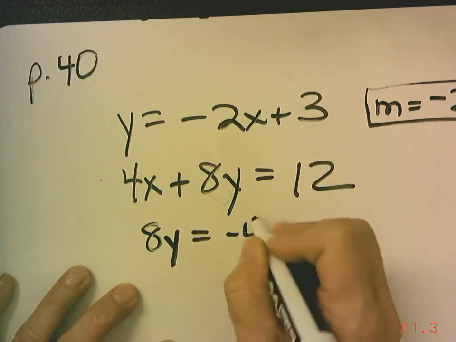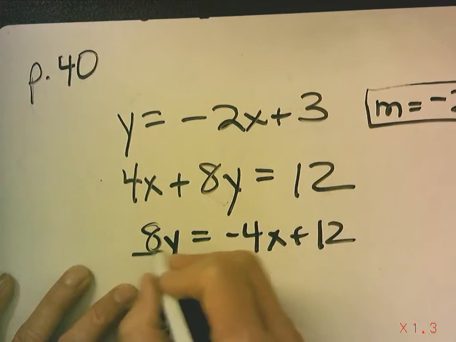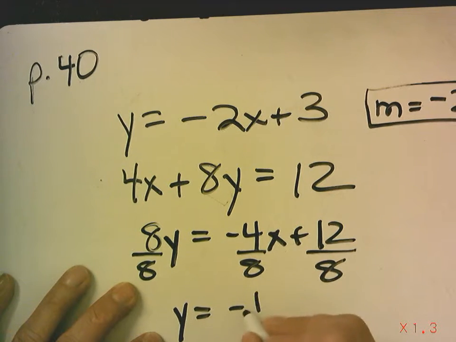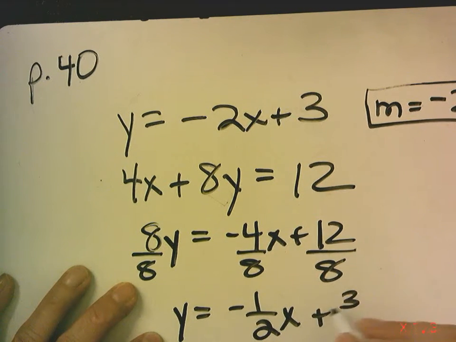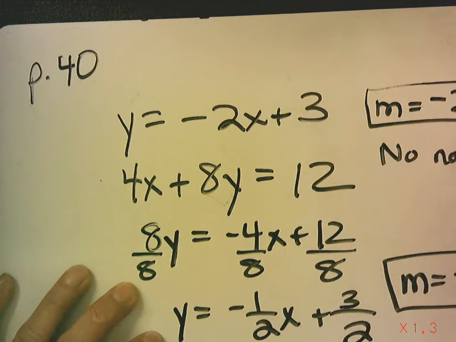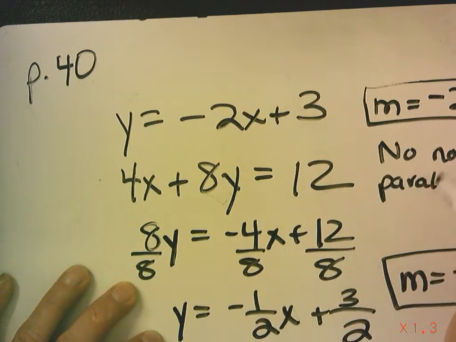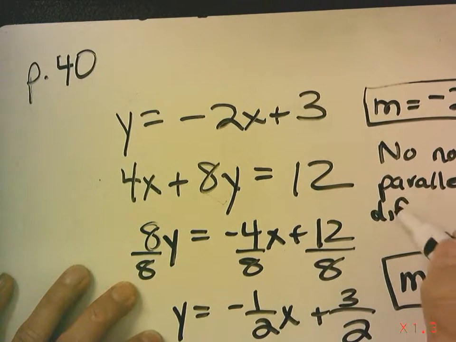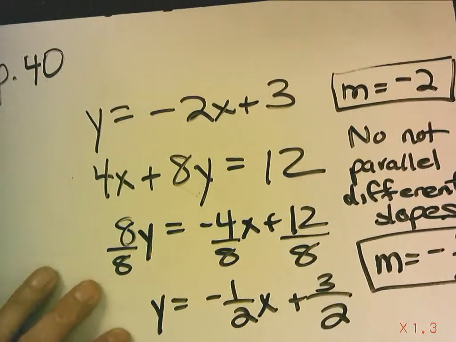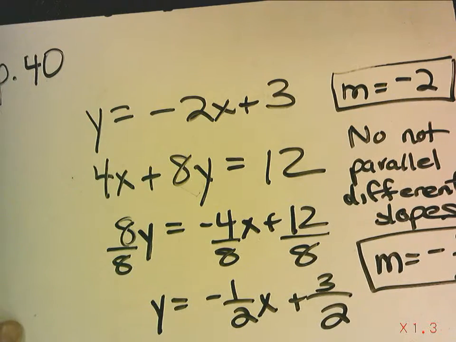I subtract 4x from both sides, divide by 8, and I get y equals -1/2 x plus 3/2, and that means the slope is -1/2. So I would say no, not parallel, different slopes. Now, if they had been parallel, my explanation could just be same slope.